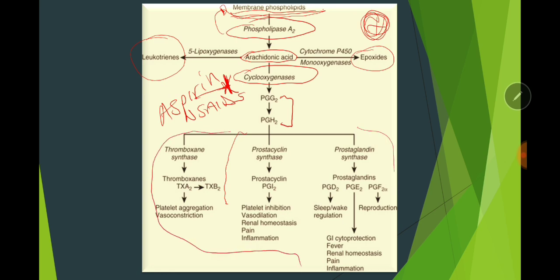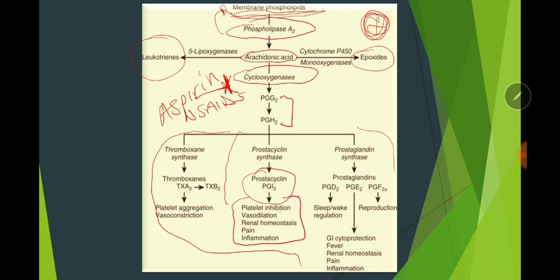All right. So now we mentioned prostacyclin. Prostacyclin synthase breaks down prostaglandin H to prostacyclin. Now remember, prostacyclin usually causes platelets not to aggregate, so it inhibits platelet aggregation.